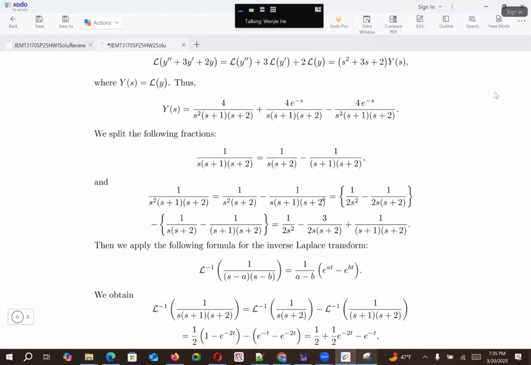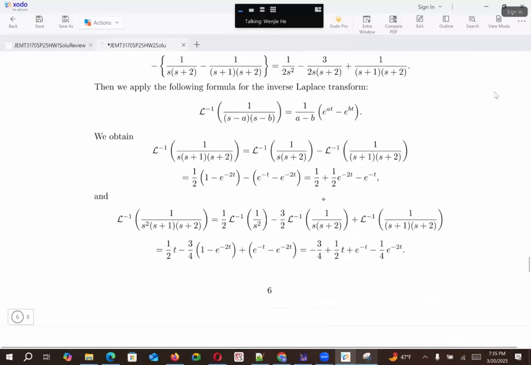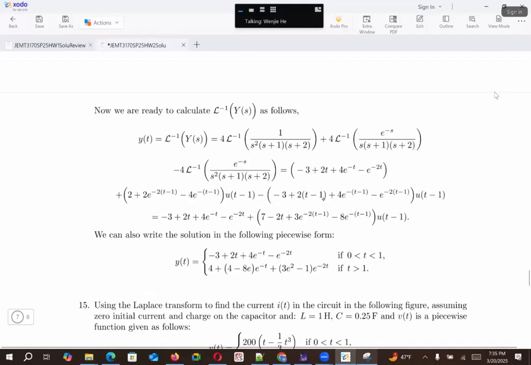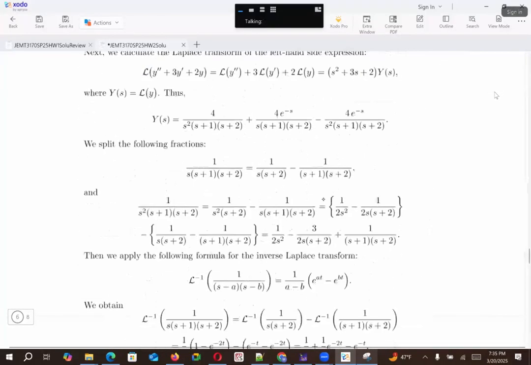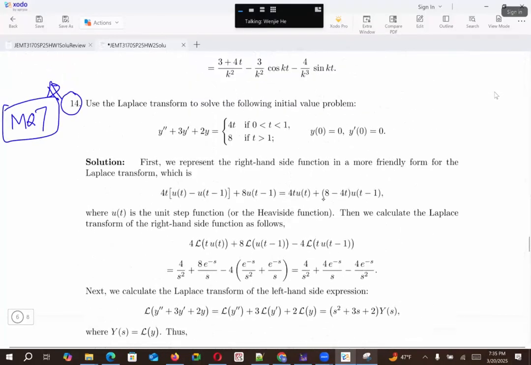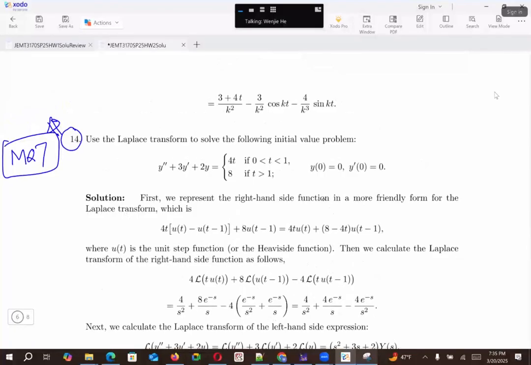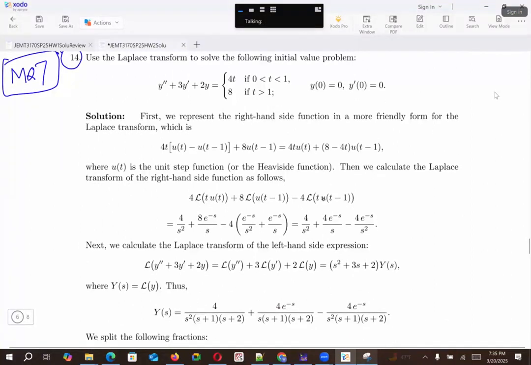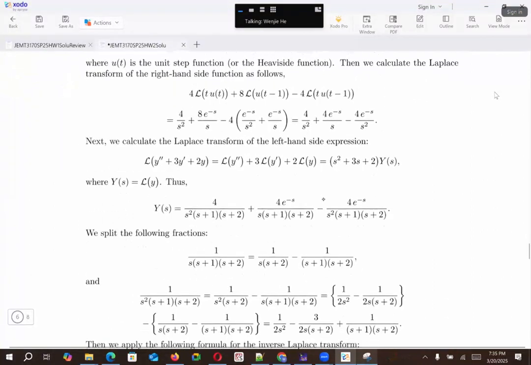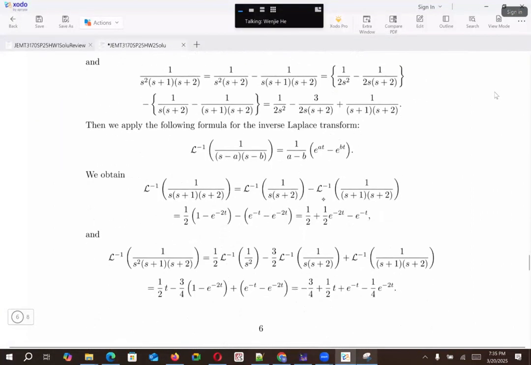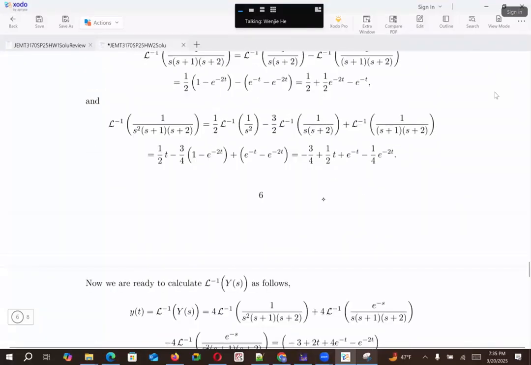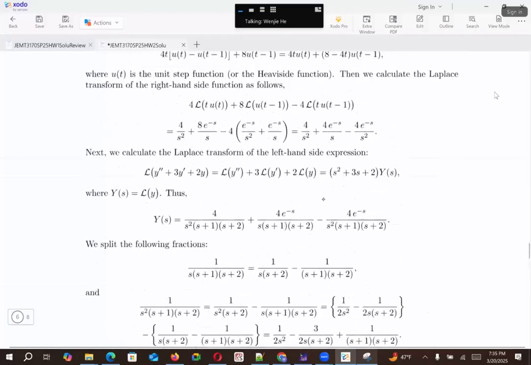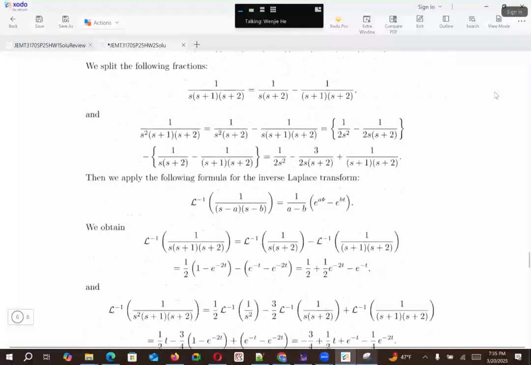Here you see the calculation is a lot of work. So I try to make a reasonable calculation, not too hard. I want to make it easier than this one, because this looks pretty hard.